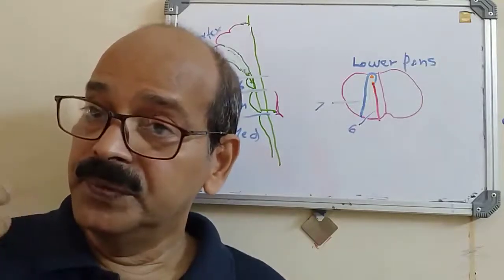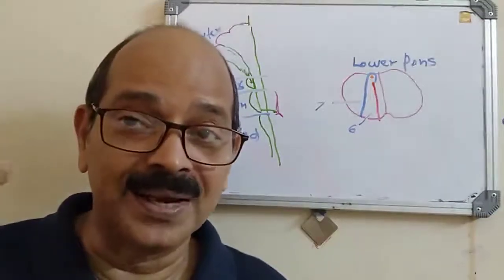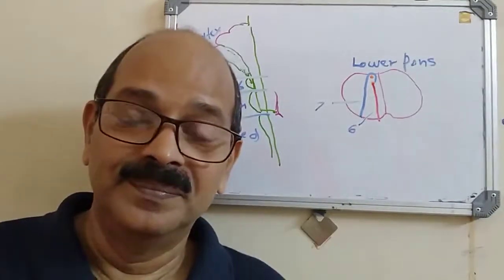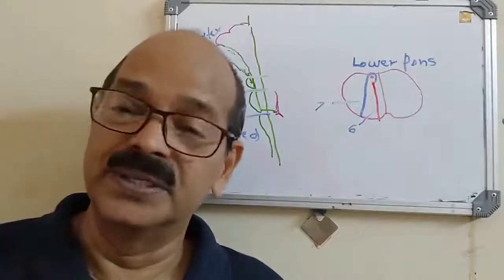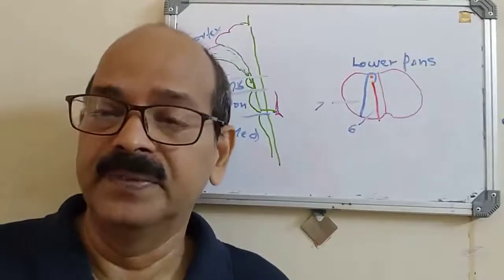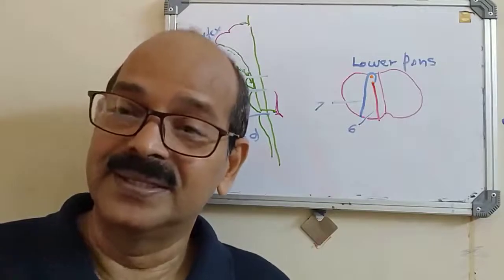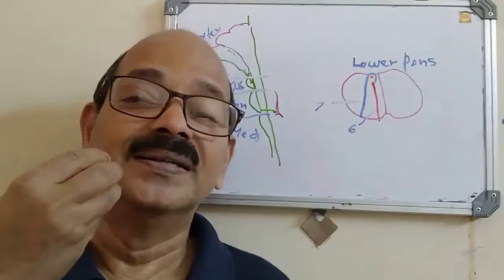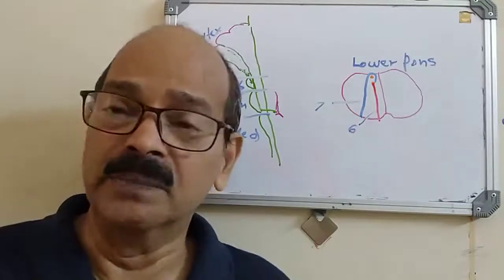So the first point: is it likely to be a neurological problem? In most of the cases it's obvious, but there are certain subtle things which may be mistaken for a facial palsy. One very important thing is some deviation of the lips which is noticed in a newborn baby.